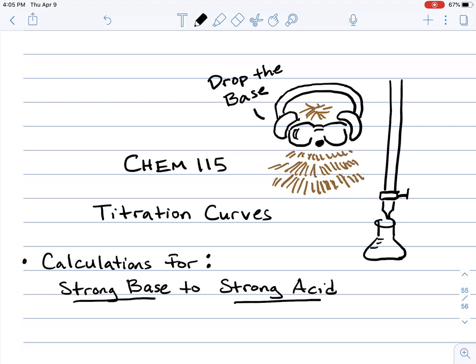So the base will be our titrant, and our strong acid is going to be our analyte. If you recall, the titrant is what's inside the burette, and the analyte is what's going to be inside this Erlenmeyer flask. All right, so let's go ahead and get started.